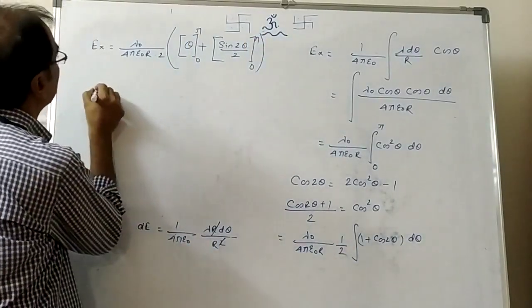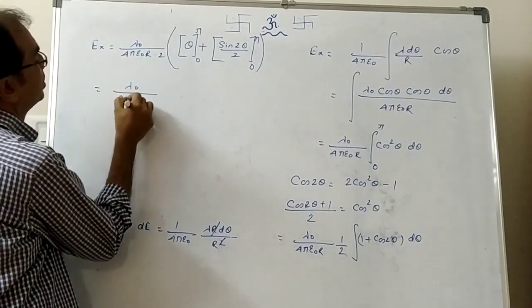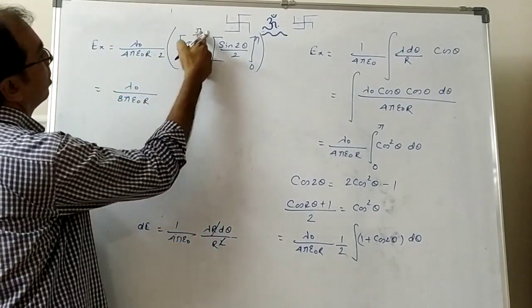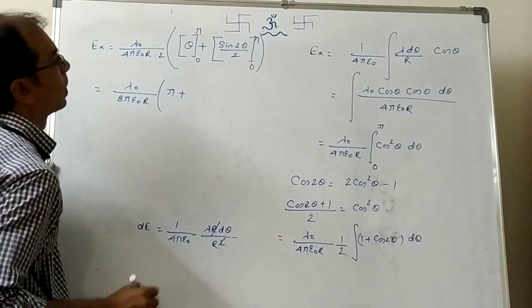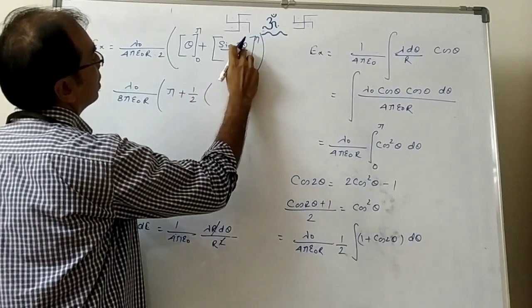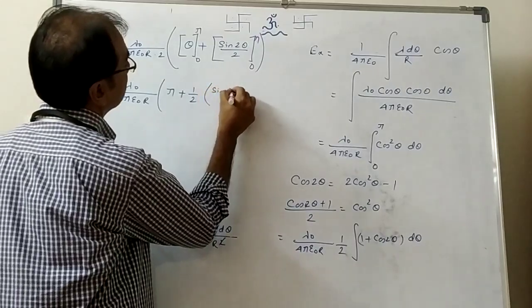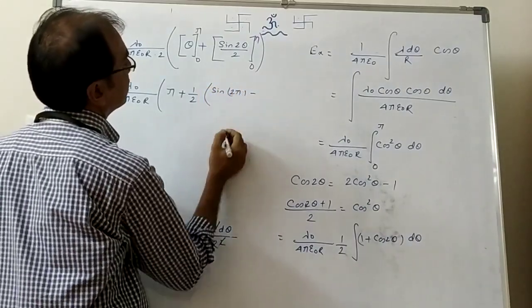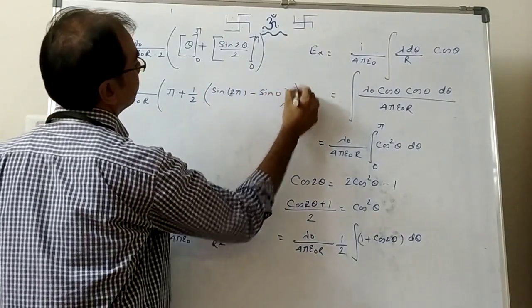Okay, then lambda naught by 2 into 4, 8 pi epsilon naught r. Here pi minus 0, so that means pi, plus 1 by 2 sine in place of theta pi, so sine 2 pi, minus, now in place of theta 0, sine 0.